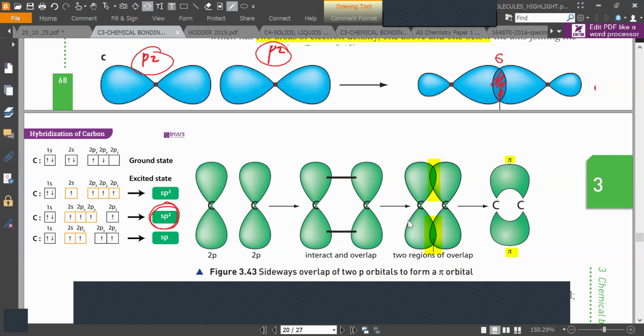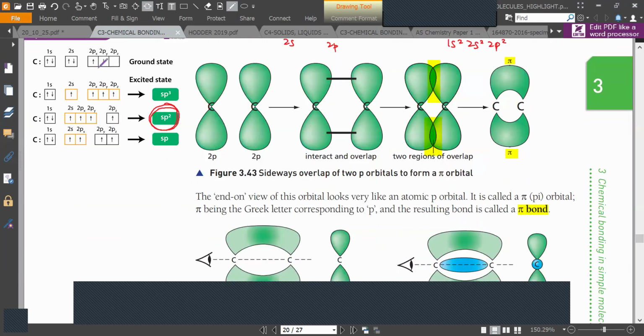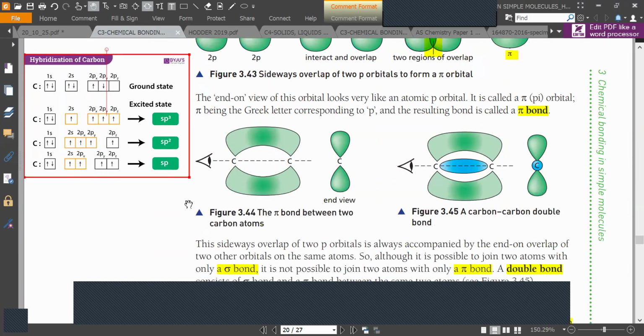Basically, this carbon has 6 electrons: 1s2, 2s2, 2p2. So 2s, 2p is like this. Now what is it trying to do in the sp2 hybridization? Let me go into a bit of detail so it makes sense.